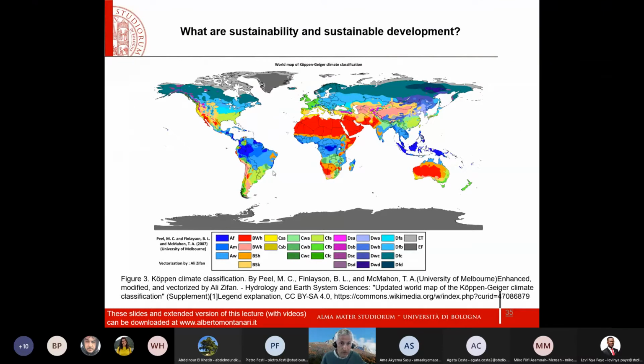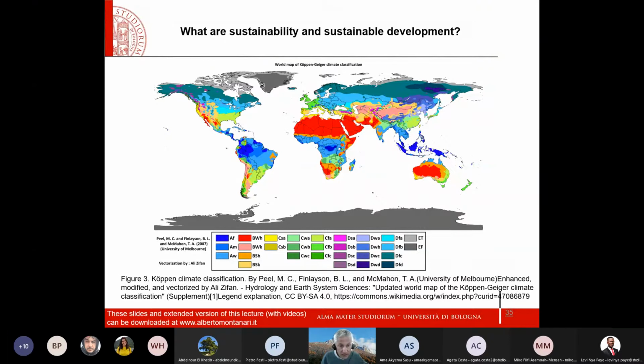The Köppen classification is a classification of the distribution of climates over the Earth. Here you see that the climate is divided in 4 classes plus additional subclasses. The 4 classes are A, B, C, and D. Let's see what they are.